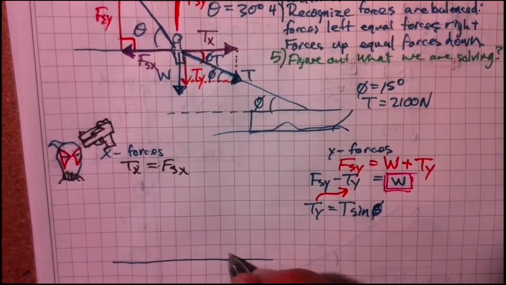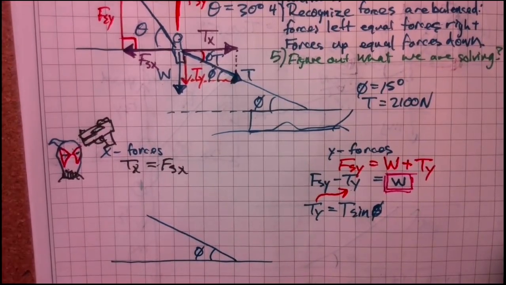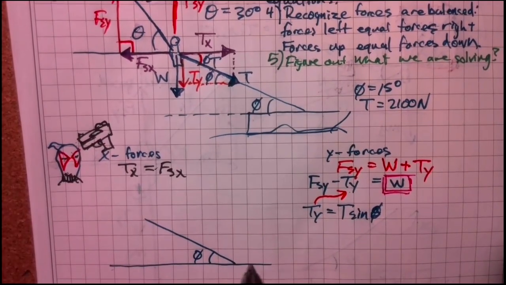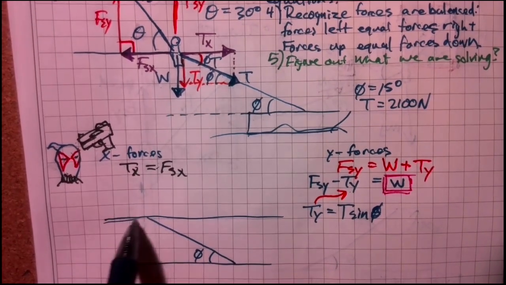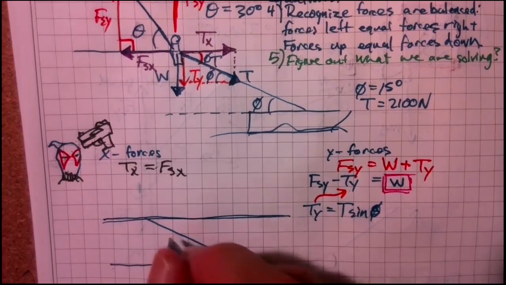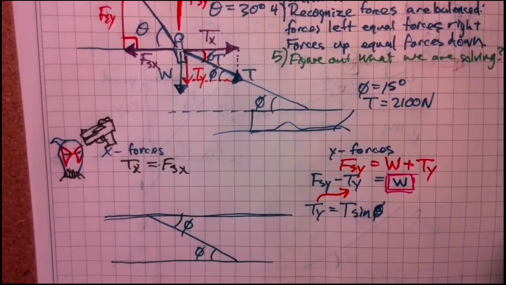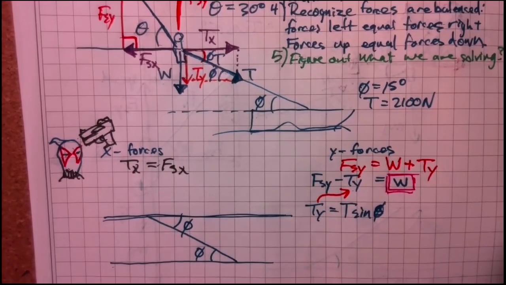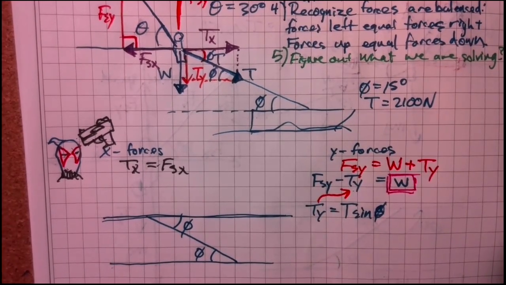If I have some angle like this, so if our angle is phi like this, and then I draw a parallel line down here, so the bottom and the top lines are parallel, well, this angle here also has to equal phi.